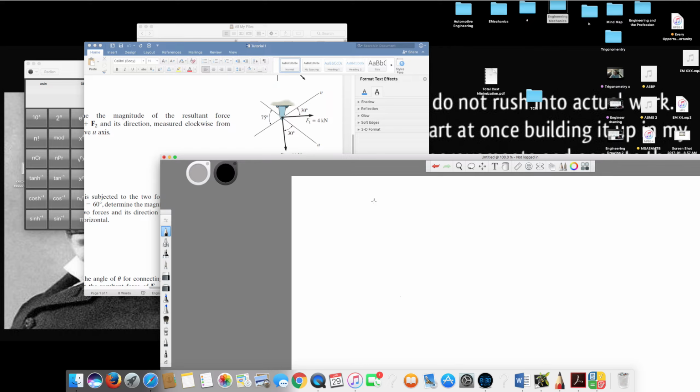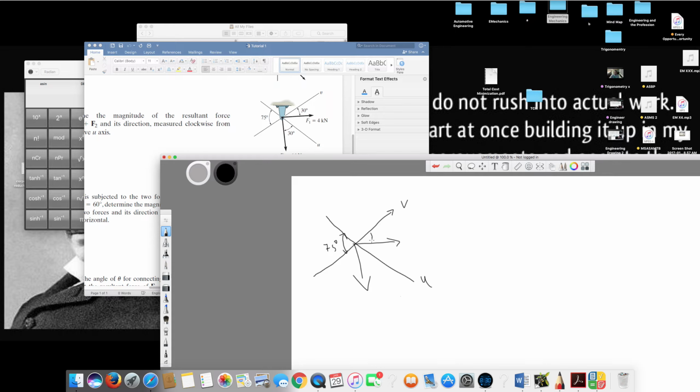I'm going to draw this diagram right here. This one goes like this, and u comes through this way, and this one goes this way. This is v, and this is u, and the angle between u and v is going to be 75 degrees.